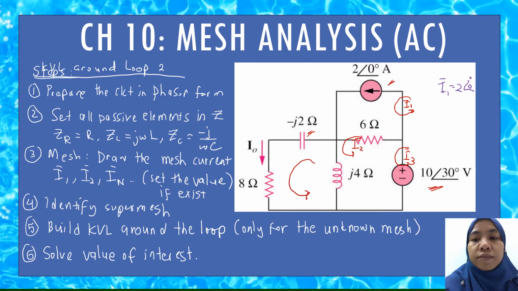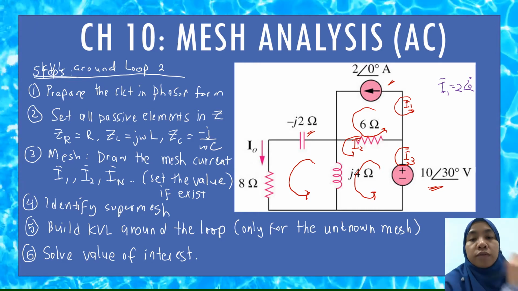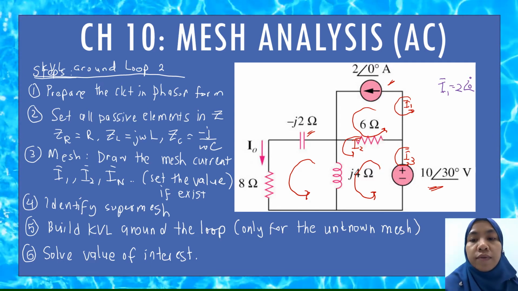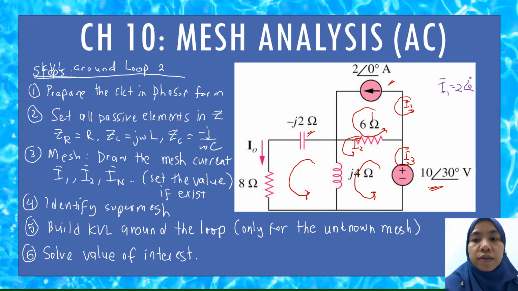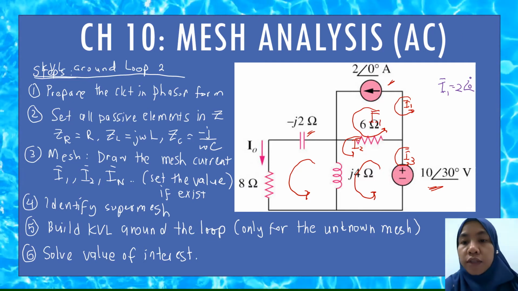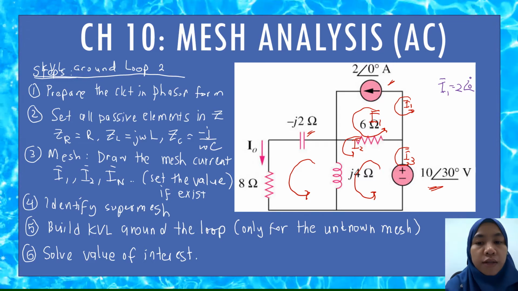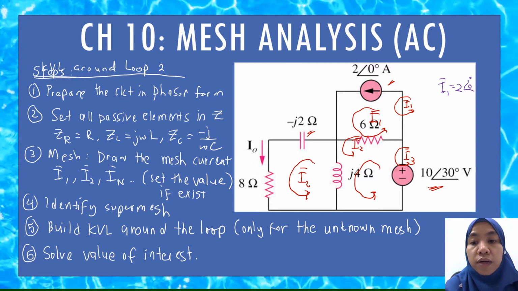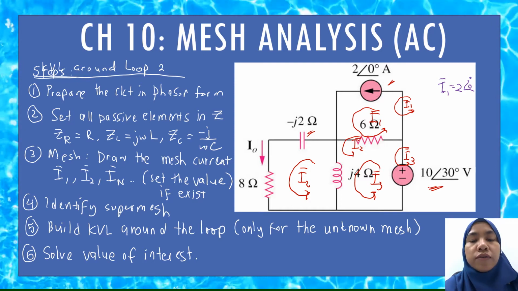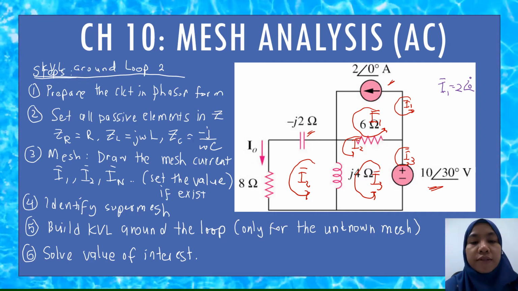This one is up to you to go for counterclockwise or clockwise direction, but you need to name all the currents. So let's say here is I1, if you realize I'm using capital letter with a bar, so this is I1 bar and then I2 bar and I3 bar. And then you need to set the value for this imaginary current if it exists.